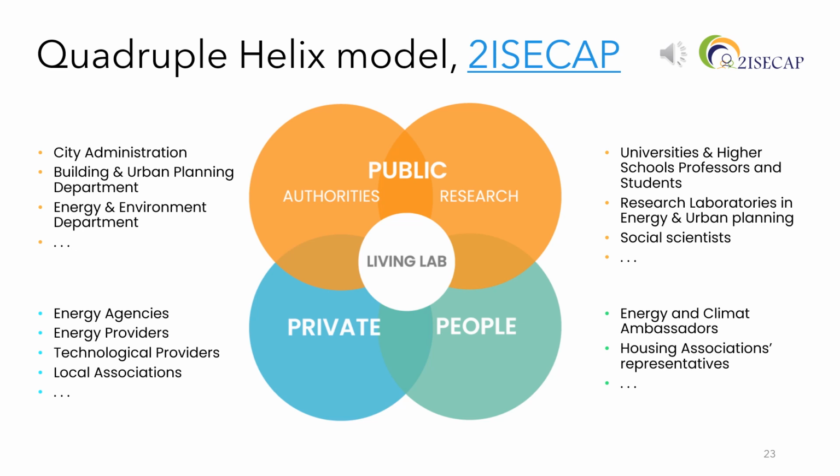In the field of research, we will not only require collaboration with tertiary education and research labs that work to develop energy and urban planning, it would also be highly beneficial to integrate social scientists working with the users. According to the context of your city, your people or end users will vary. However, these could include ambassadors that support energy and climate action or representatives of housing associations.